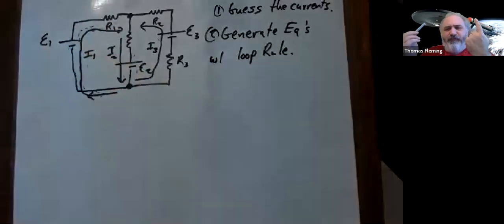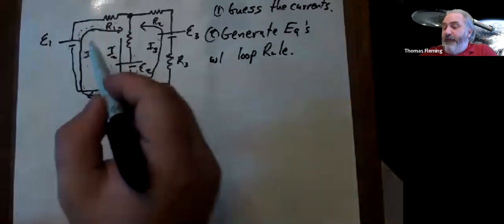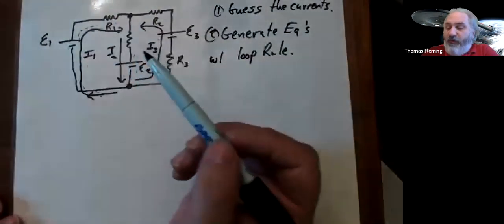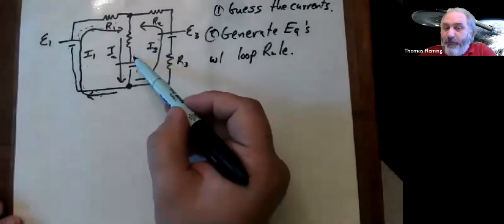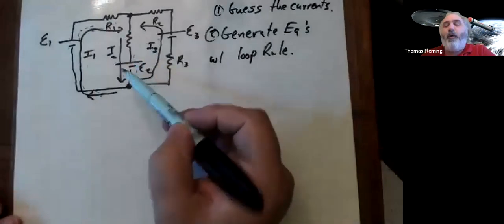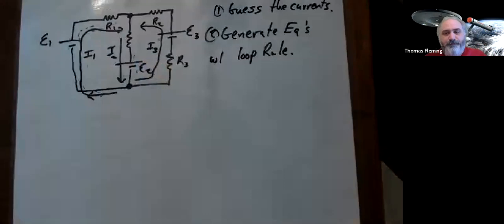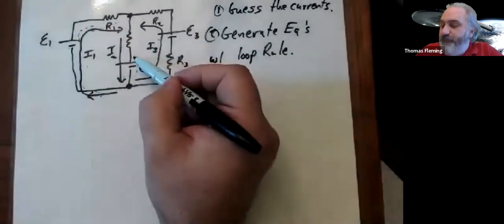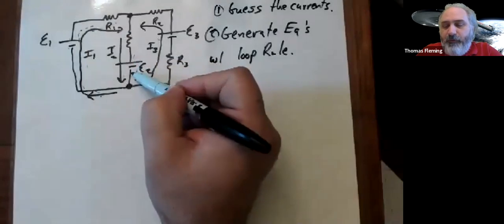That would be an increase of 10 volts. But it's just as likely, if I'm going around a loop, that maybe I go across a battery from the positive terminal and I end up at the negative terminal. I'm going across the battery, but backwards. If that's the case, the voltage was higher where I started and it was lower where I finished.